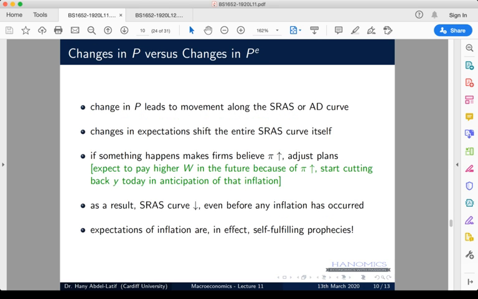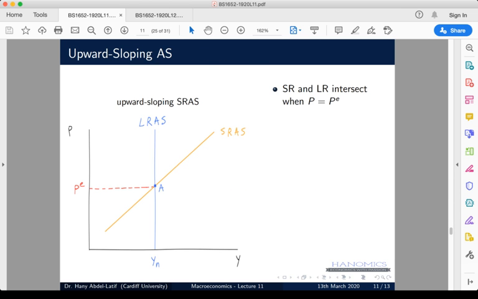In this recap, I just want to highlight the main point again of the whole lecture last week. It was mainly to provide two different explanations of why the aggregate supply curve in the short run looks different from the long run, in particular why the short-run aggregate supply curve is upward sloping, while the long-run aggregate supply curve is a vertical line.